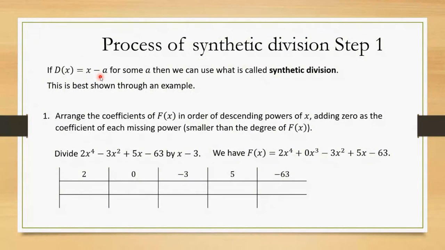You can always use long division if you want, but synthetic division is useful if you're able to use it. Namely, if your d of x is of the form x minus a, where a is some number, then you can use synthetic division. And again, this is illustrated by example.